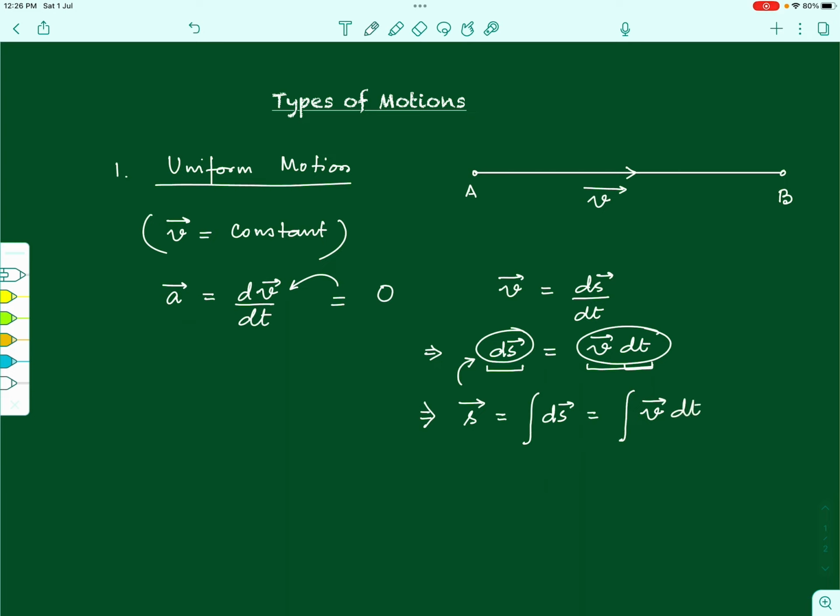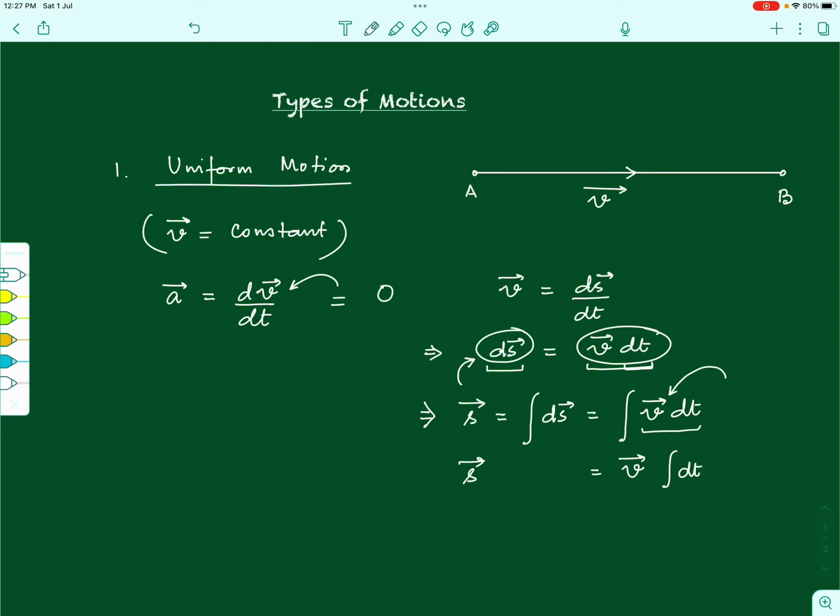Now, from the rules of integration, if within the integral we have a constant factor, it can be taken out of the integral; it will not affect the integration. So, we can take the velocity v out and just integrate dt to get s.